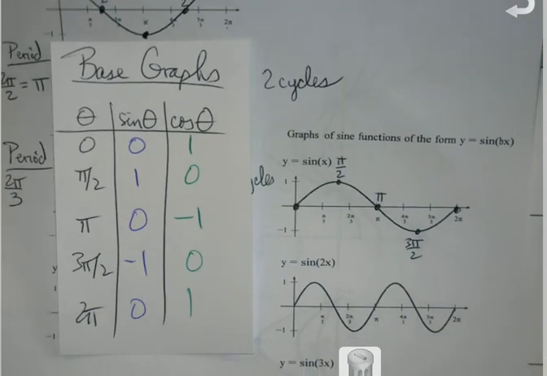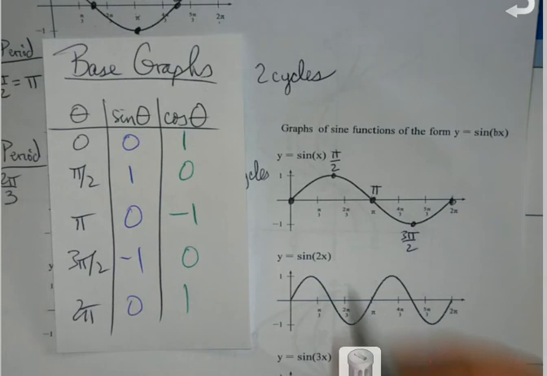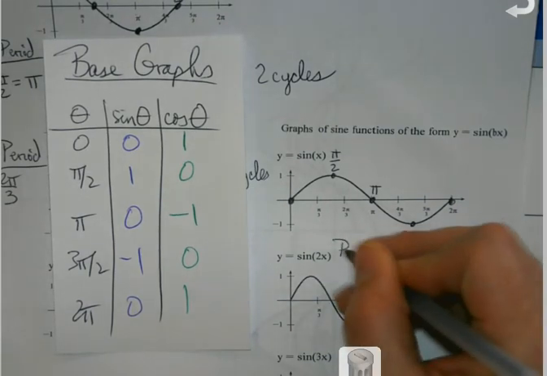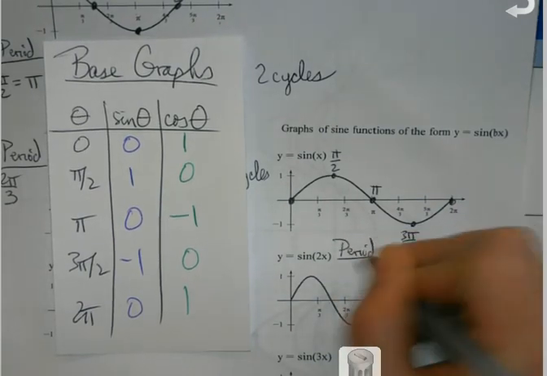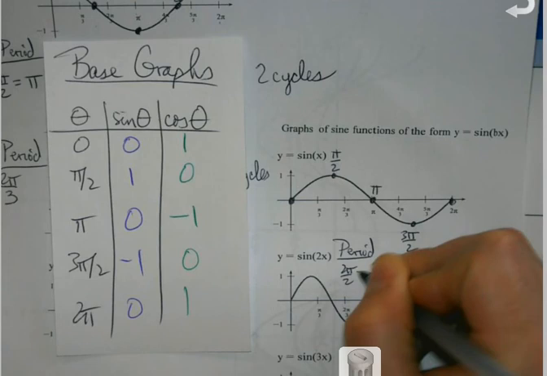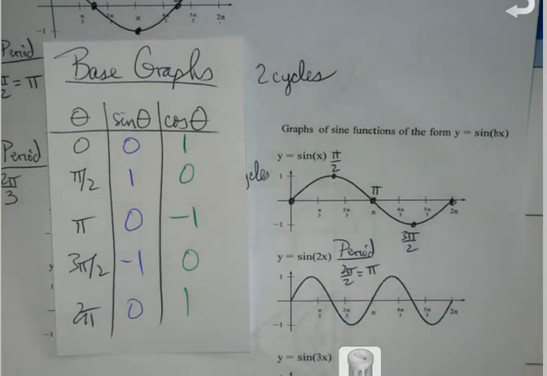Because, and I'll kind of leave that off to the side, when I get here, again, my period is just going to be 2 pi over 2, or pi. I'm going to squish this. I'm going to kind of smash it into half the size.